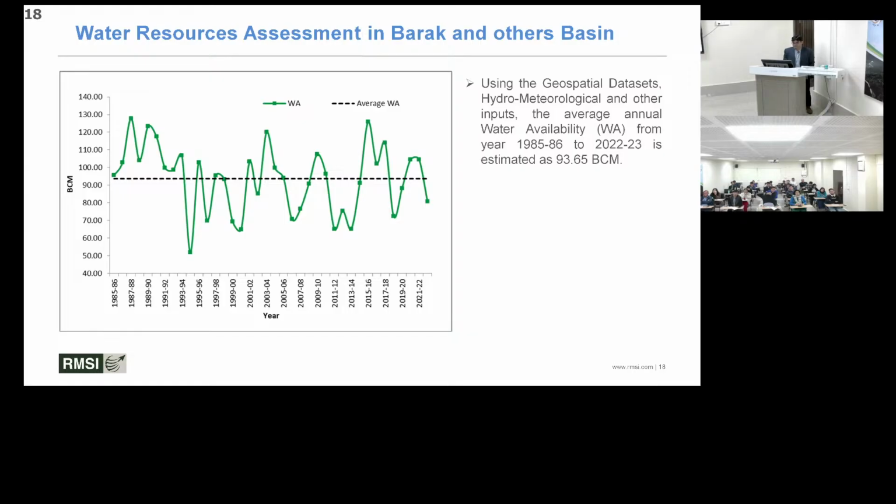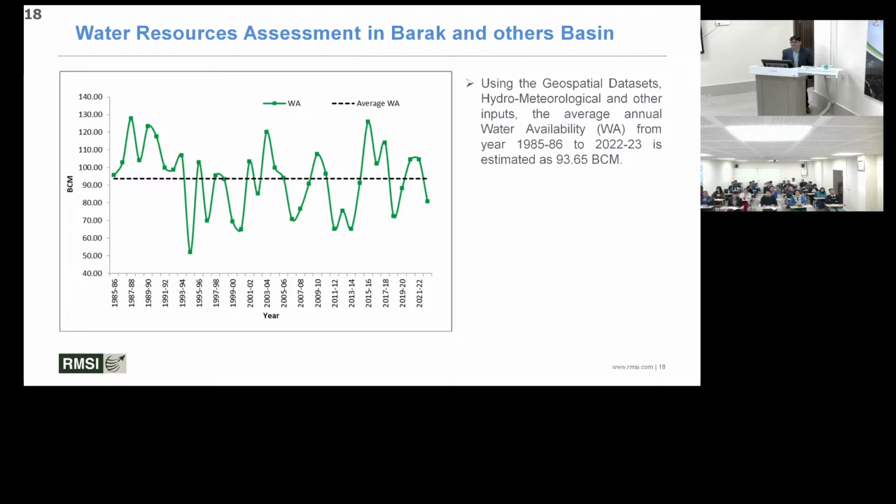Then the same thing, the average water availability of your basin. You have generated a simple straight trend line. So this is the average water availability in your basin, using the empirical formula.